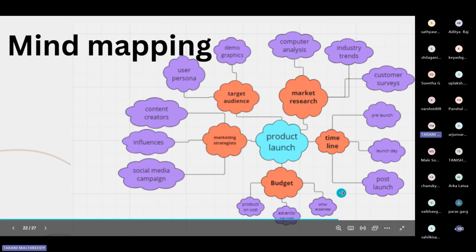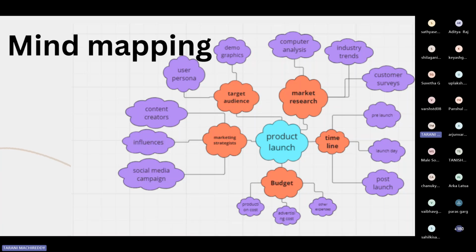So the main thing to keep in mind in a mind map is that we connect all our concepts together and make an idea out of it. It was invented by Tony Buzan in the 1960s. So why mind mapping? We use mind maps to enhance creativity, improve memory retention, and simplify complex information.